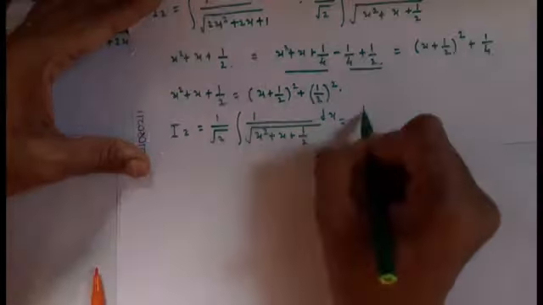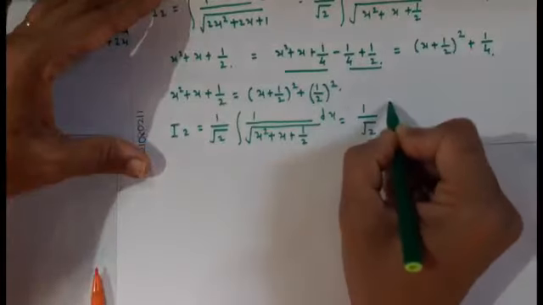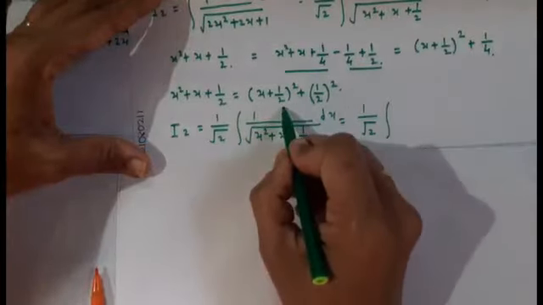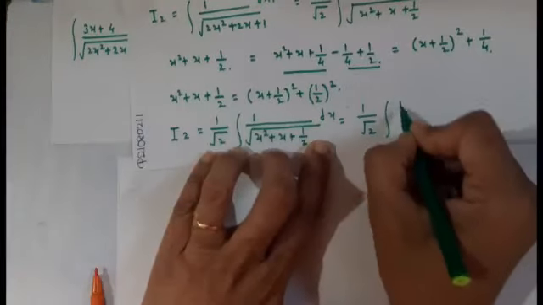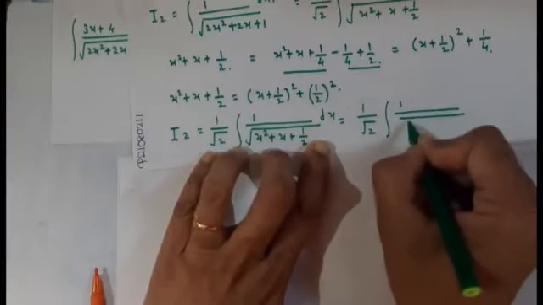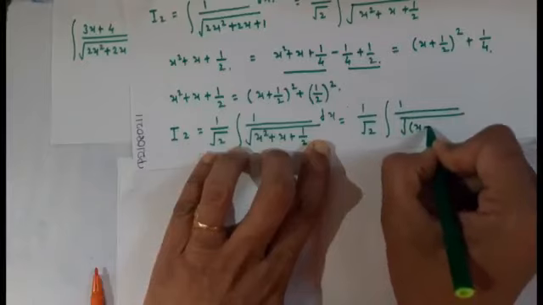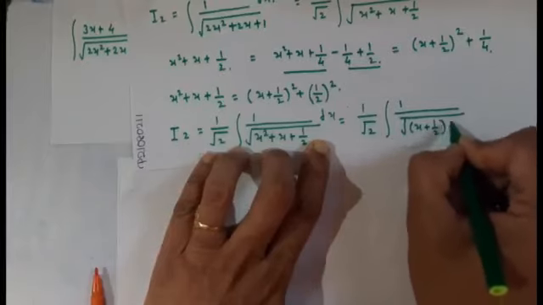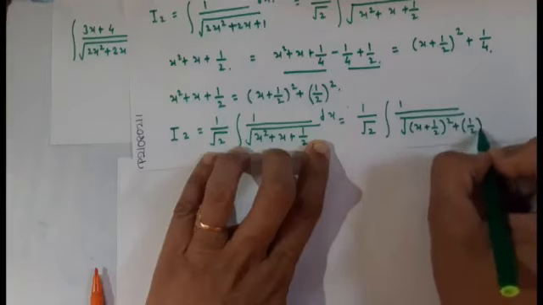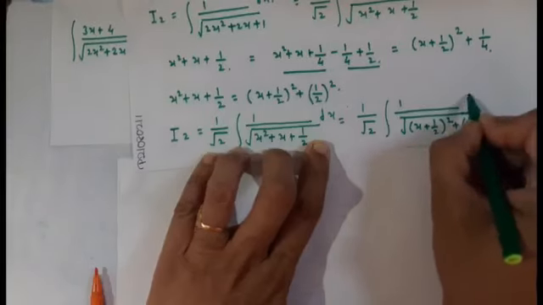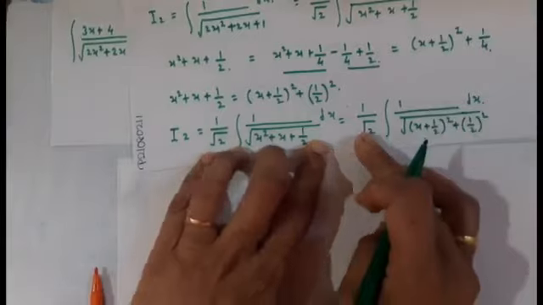We have adjusted the term like this, and this equals 1 upon square root of 2 times the integration of 1 upon square root of x plus 1 by 2 whole square plus 1 by 2 whole square with respect to x.